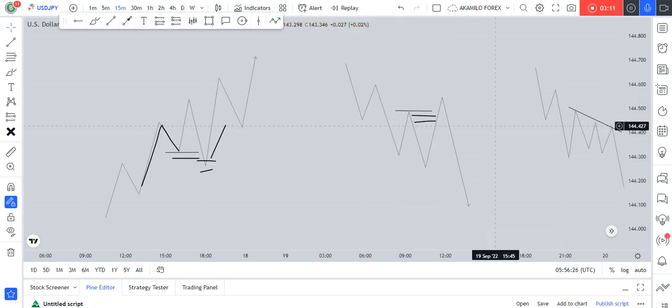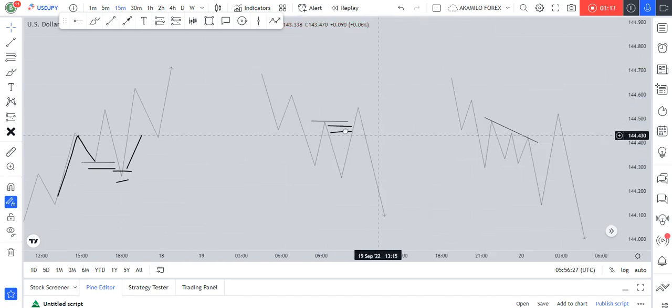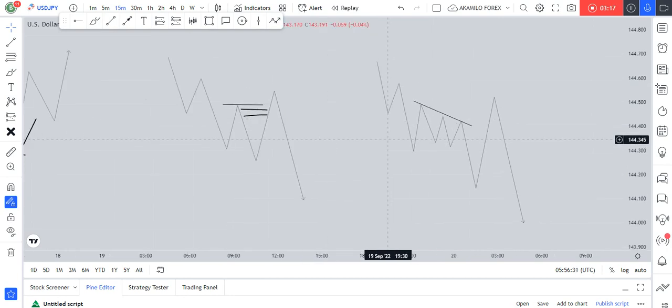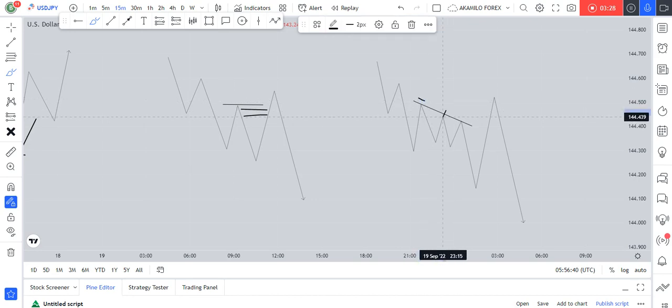Here we also have a trend line inducement. This is how it's formed. There are traders who use the trend line to take positions. When price is moving to the downside, price creates this trend line here. Immediately they draw their trend line, they'll be expecting price to tap into it and they'll take a position.